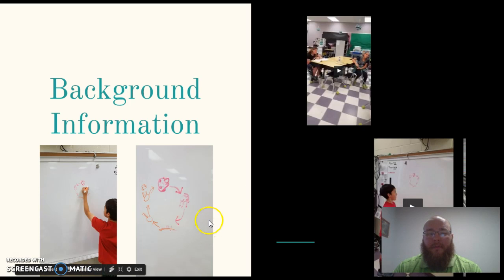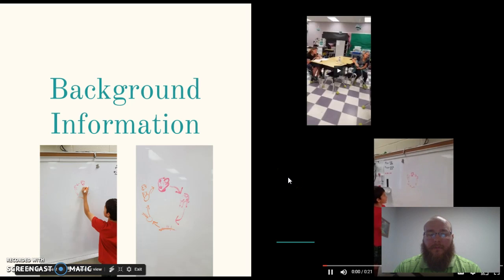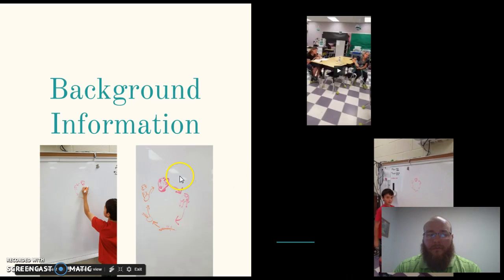And we have some of his visuals to the left there. Water, first the water is in the cloud, and then it rains, and the water is out of the cloud, and then it goes on the land, and then it flows into a lake or any body of water, and then evaporates.